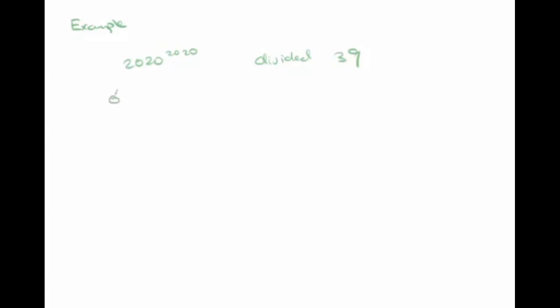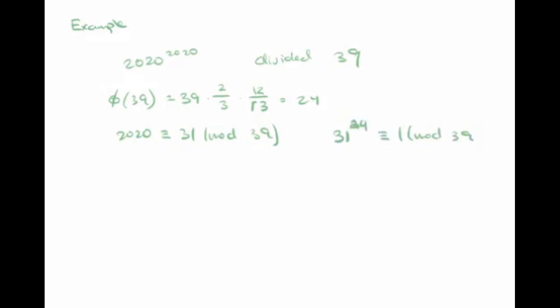So we know the totient of 39 is 39 times 2/3 times 12/13, and this is 24. We have 2020 is congruent to 31 mod 39. And since this is relatively prime, 31 to the 24th is congruent to 1 mod 39.